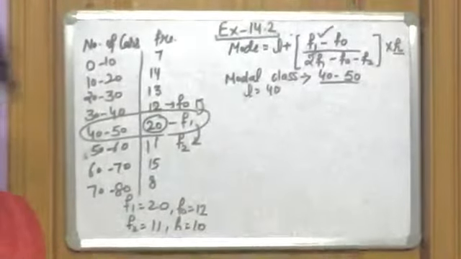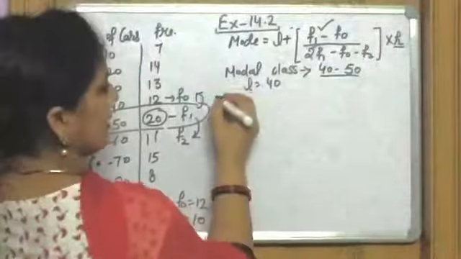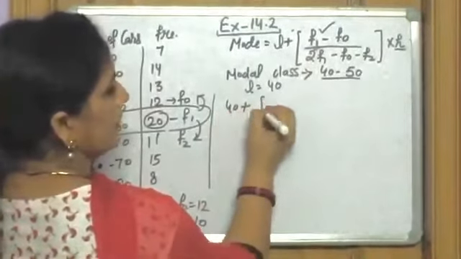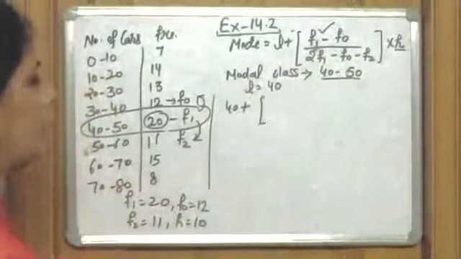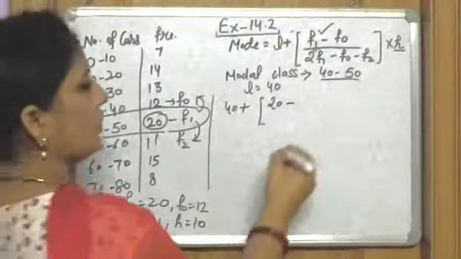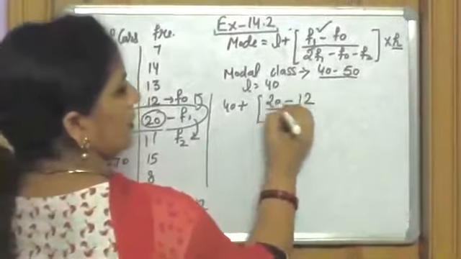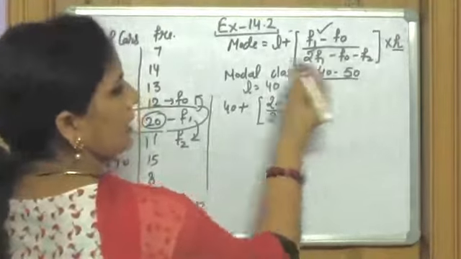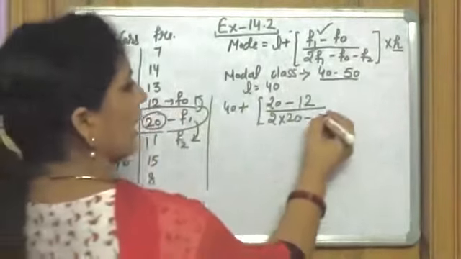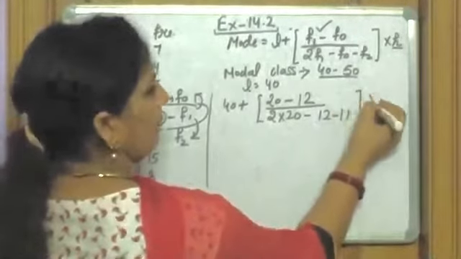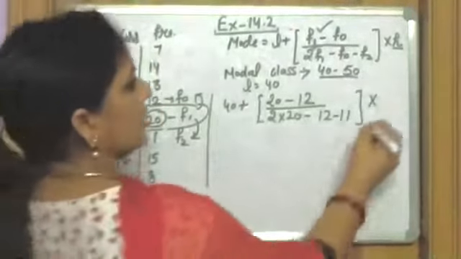Now put all these values in the formula. Let's start. L is 40 plus, in bracket, F1, which is 20, minus F0, which is 12, divided by 2F1, 20, minus F0, which is 12, minus F2, which is 11, and multiply by H, which is 10.